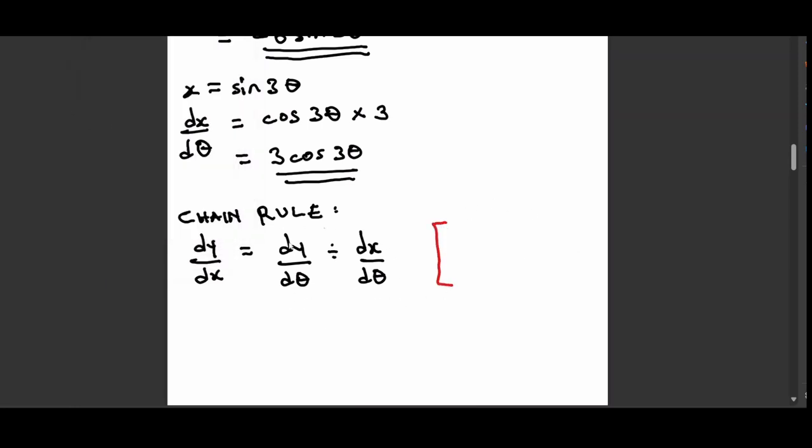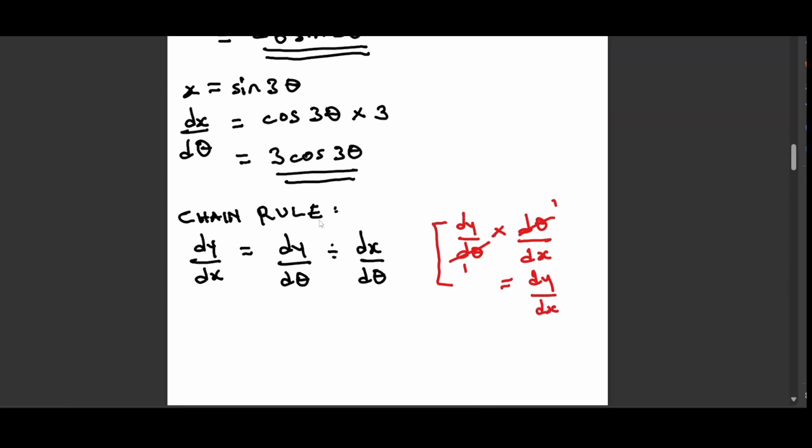If we divide dy d theta by dx d theta, we are going to end up with dy d theta multiplying d theta dx, because of the inverting property of dividing fractions. And we can cancel out this d theta with this d theta. Eventually, we will have dy dx.